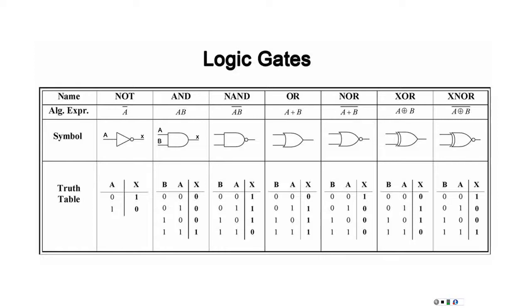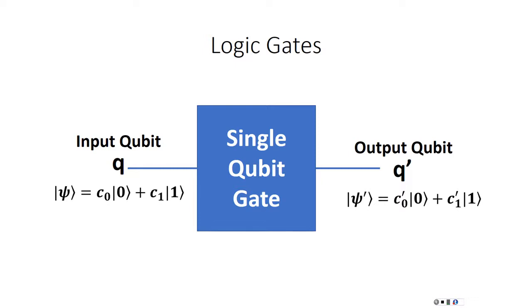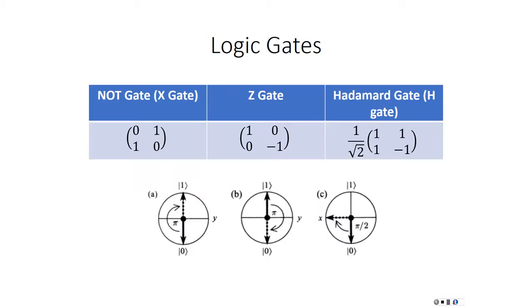So we're going to try to look at these from like a computation or quantum gates. So in the same way, we want to have an input qubit with a wave function here with the different coefficients, and that goes through our single qubit gate, and that comes out with a different wave function. So here I showed the NOT gate.